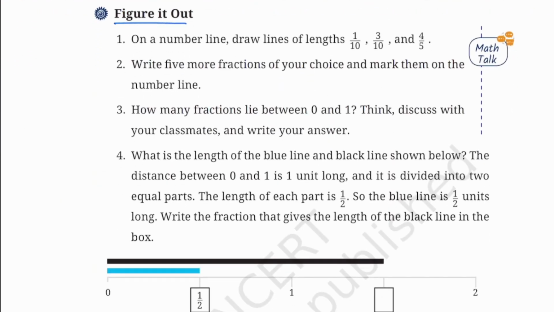Figure it out. 1. On a number line, draw lines of length 1 upon 10, 3 upon 10 and 4 upon 5. For this you have to split a unit length into 10 equal parts.